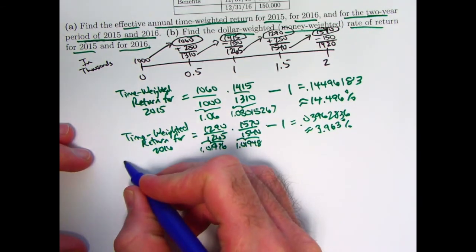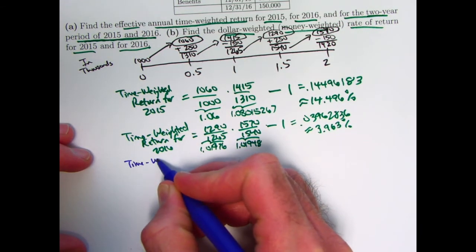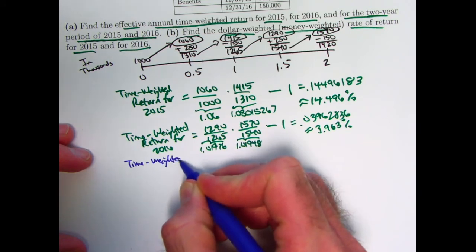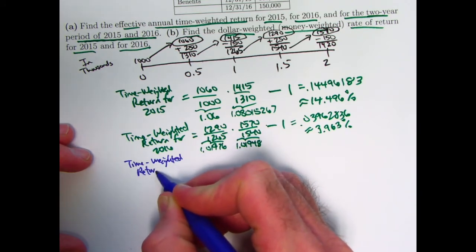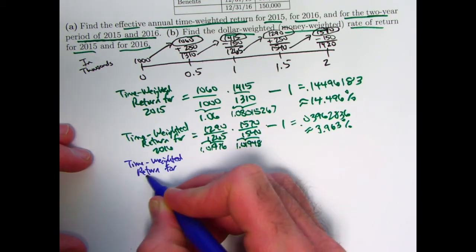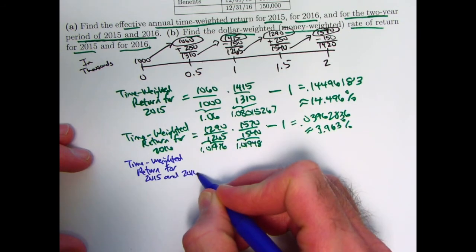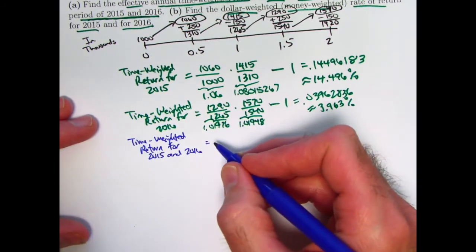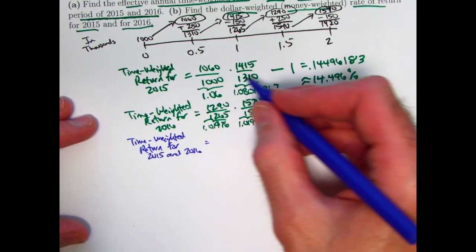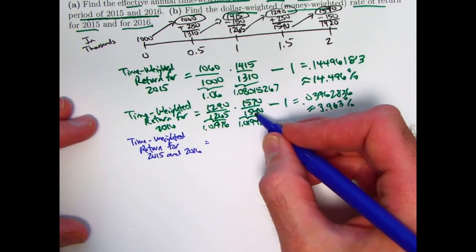So the time-weighted return for 2015 and 2016 combined is going to be the product of this with this with this with this, then minus 1.